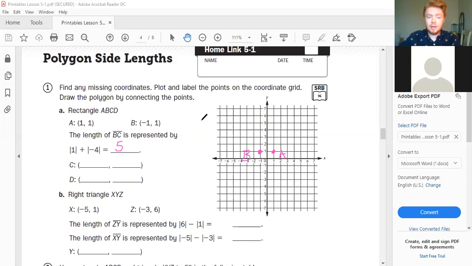Which means we can go up 5, 1, 2, 3, 4, 5, or we can go down 5, 1, 2, 3, 4, 5, because the absolute value is 5.